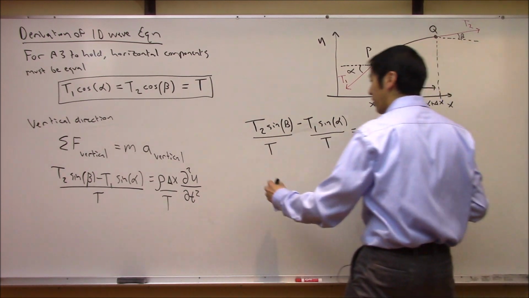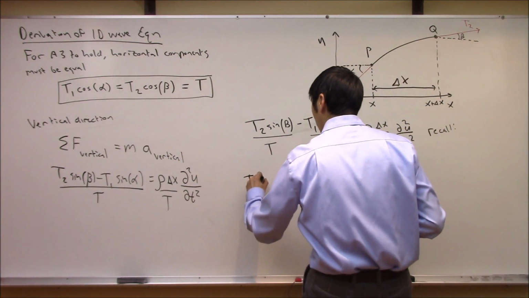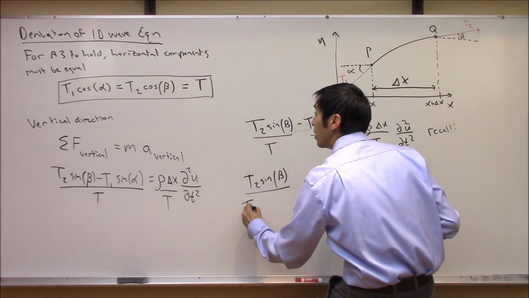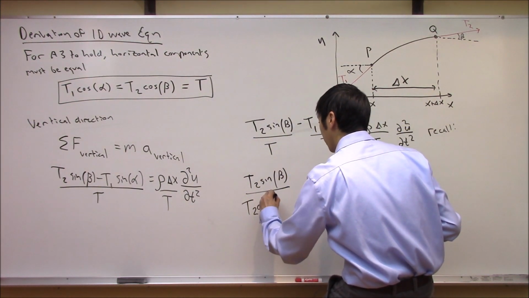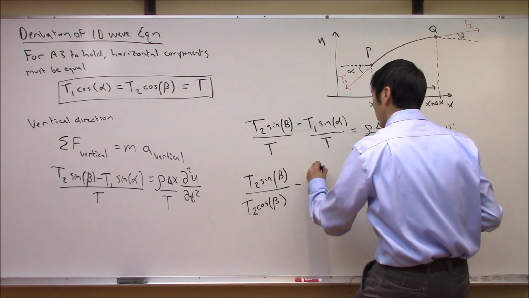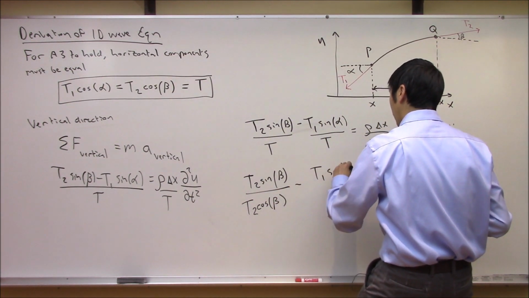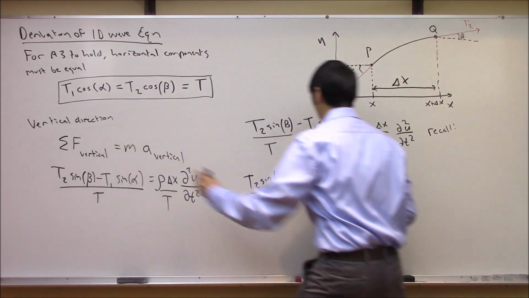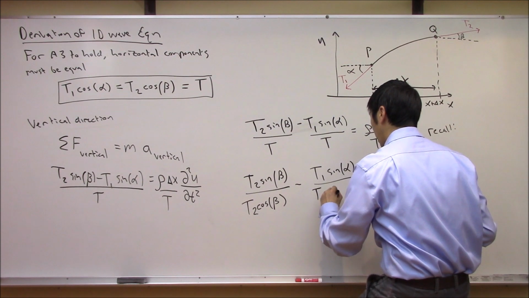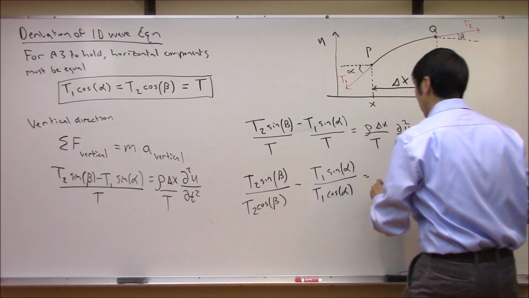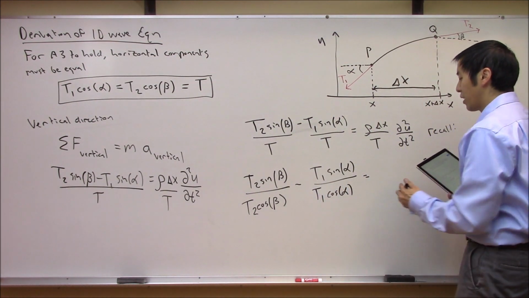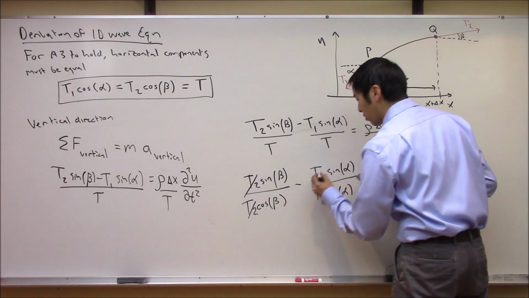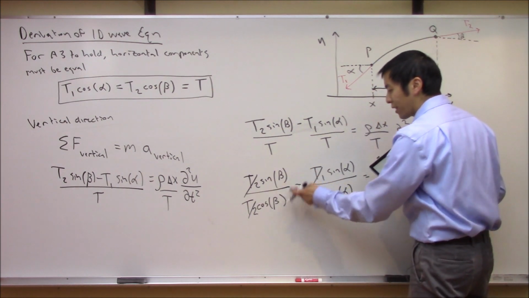So the left side becomes T2 sine beta over T2 cosine beta, minus T1 sine alpha over T1 cosine alpha, equal to the same thing on the right-hand side, carried all the way down. Now the T's cancel, and what's sine over cosine?